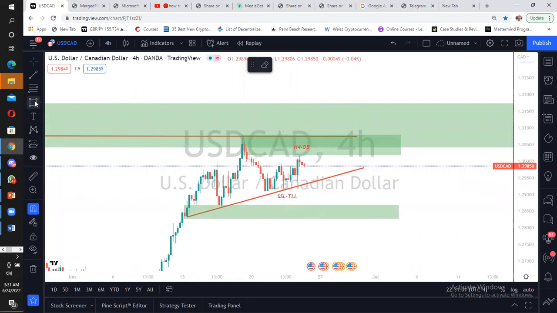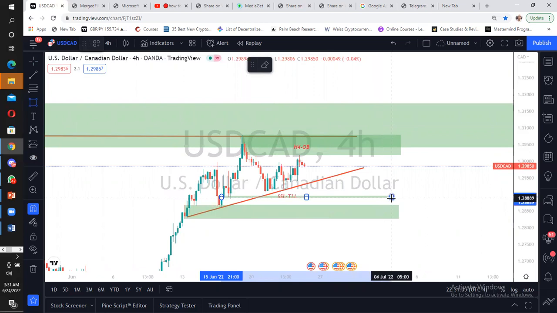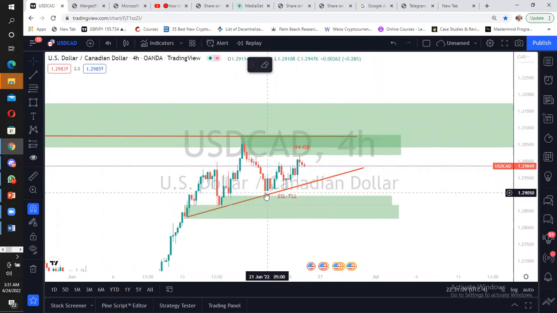So we also have a block here. This block here lies a liquidity level here. This liquidity here. So we'll have both the buy side and the sell side liquidity.